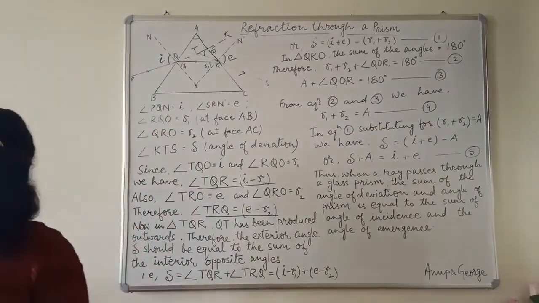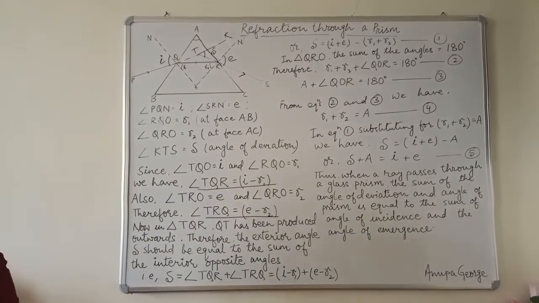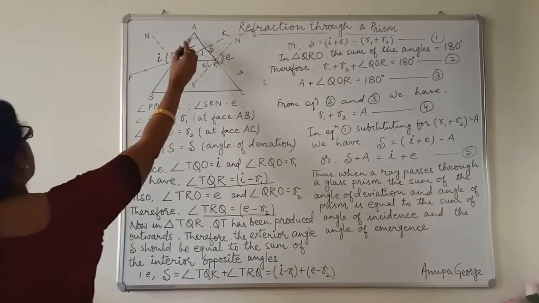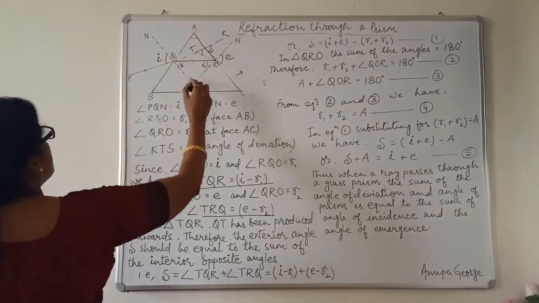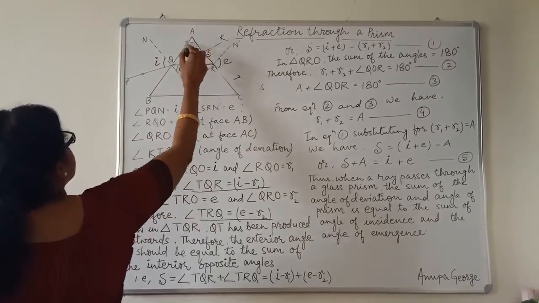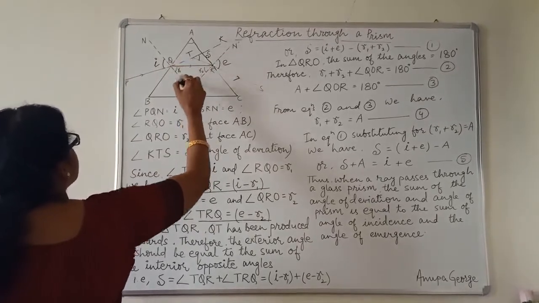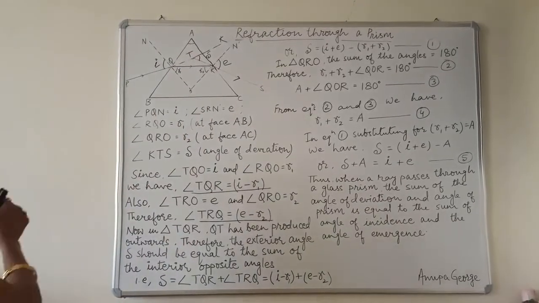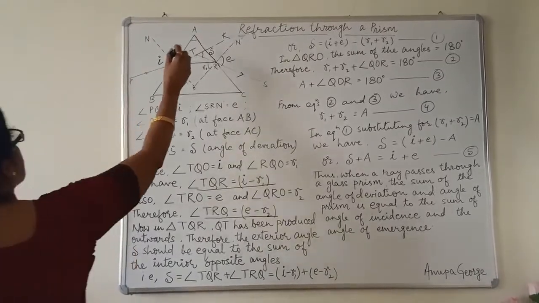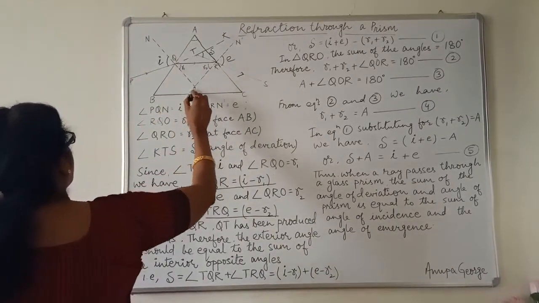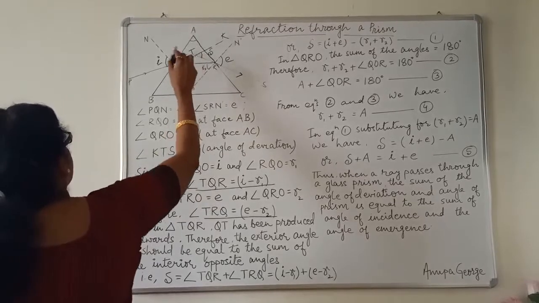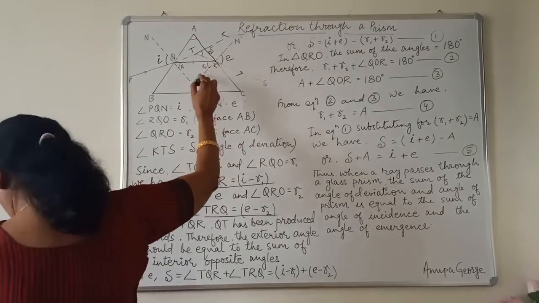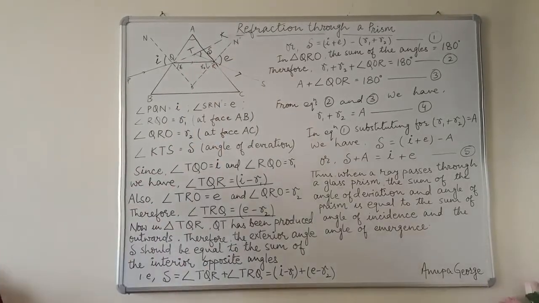Now we consider one quadrilateral. In quadrilateral AQOR, each of the angles AQO and ARO is 90 degrees.